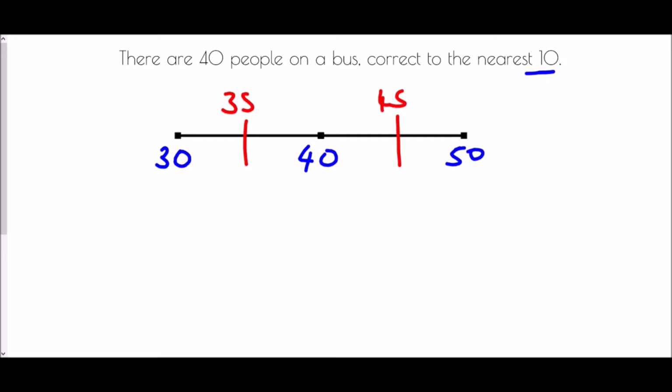The lowest possible number was 35, the absolute maximum was 45, and so my inequality, let's call it P for people, is 35 less than or equal to P, less than 45. We include 35 because that would round up, but we don't include 45 as that would round to 50.